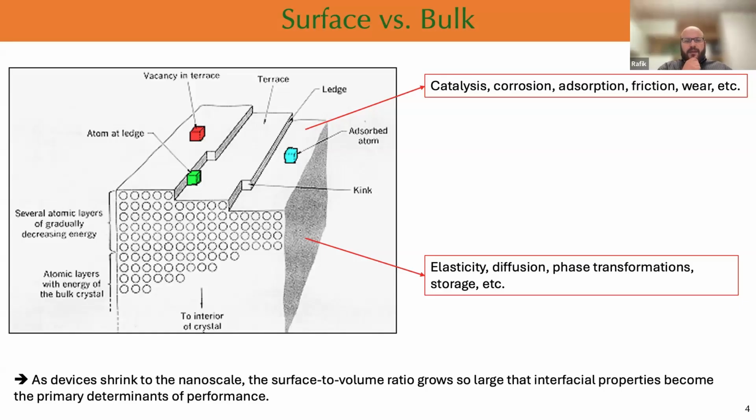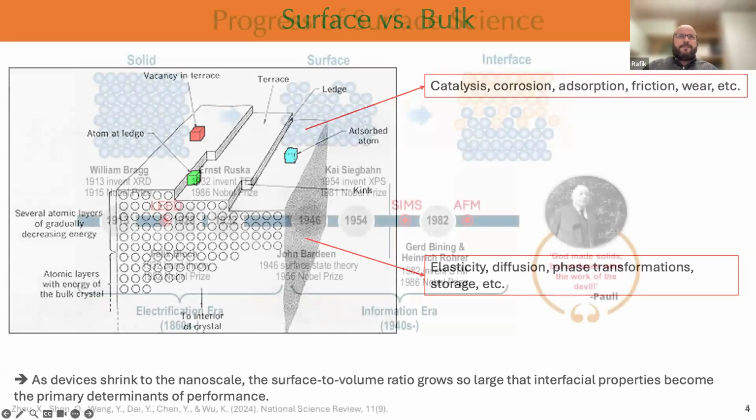The rest of the bulk mainly just works as support. In batteries or electrochemical systems, charge transfer, degradation, and the kinetics are all governed at the interface between the electrode and the electrolyte, even though the bulk stores the ions in the case of batteries.